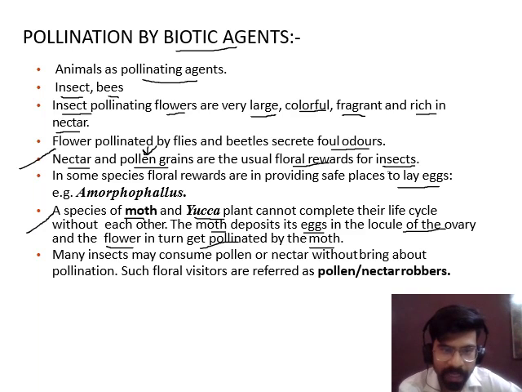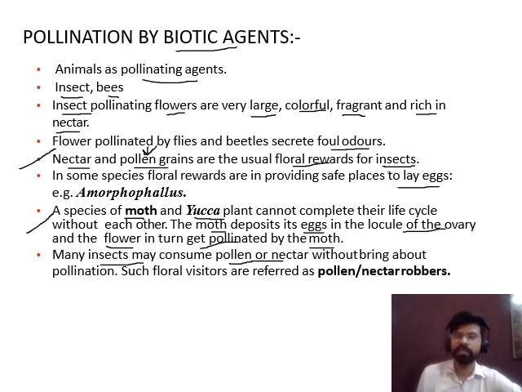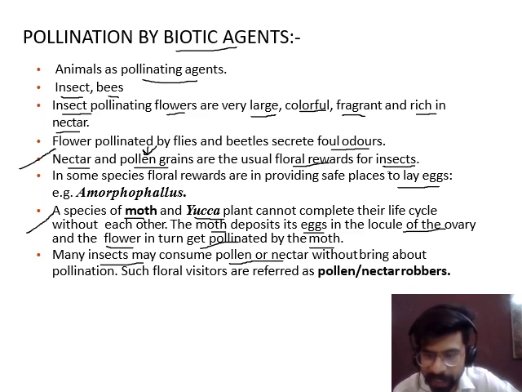Next, many insects consume pollen or nectar. Means sometimes when the insect lands on the flower, it gets the nectar and pollen grain, but it does not transfer the pollen grain from one flower to another flower. Got it?